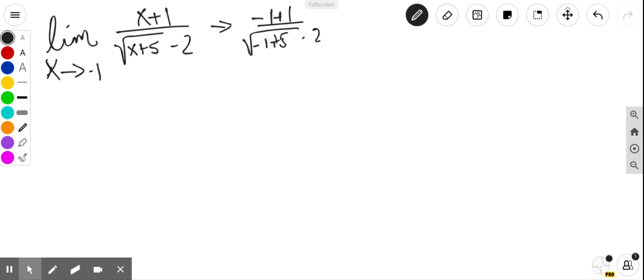Because if I can just get a number from here, I save myself a bunch of work. But I know up top I'm going to get a 0. Then I have square root of 4 minus 2, which will also get me 0. So I get 0 over 0, which is that indeterminate form. Means we got some work to do.